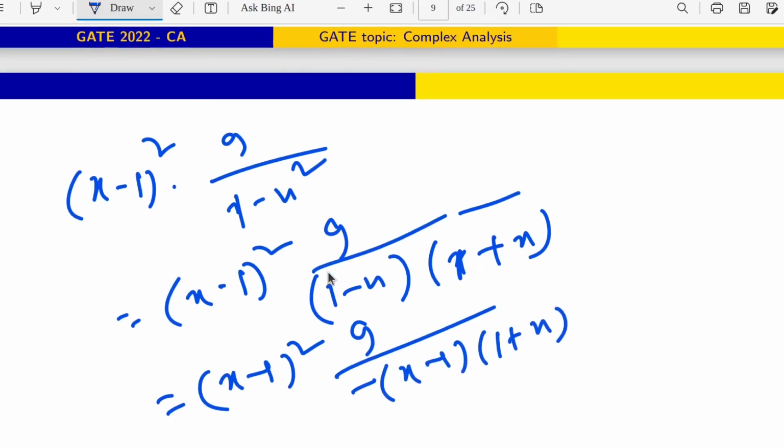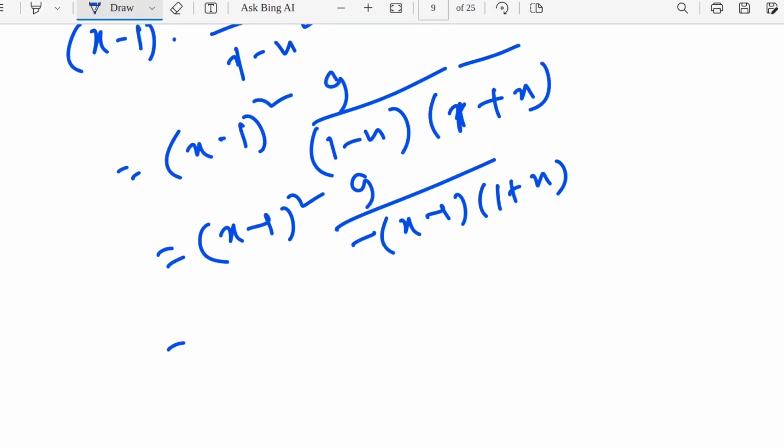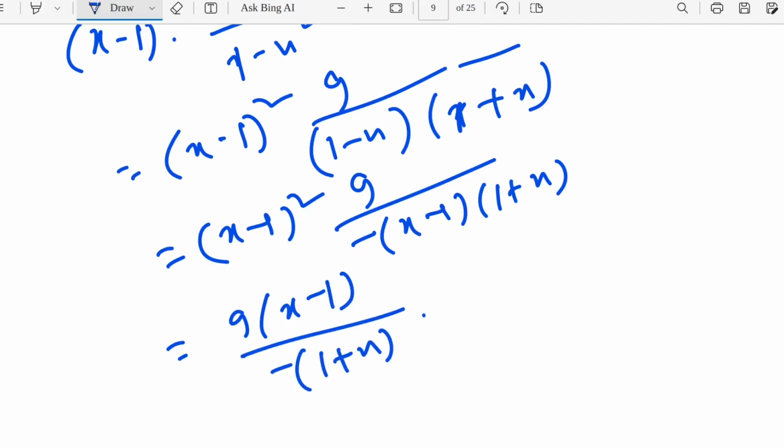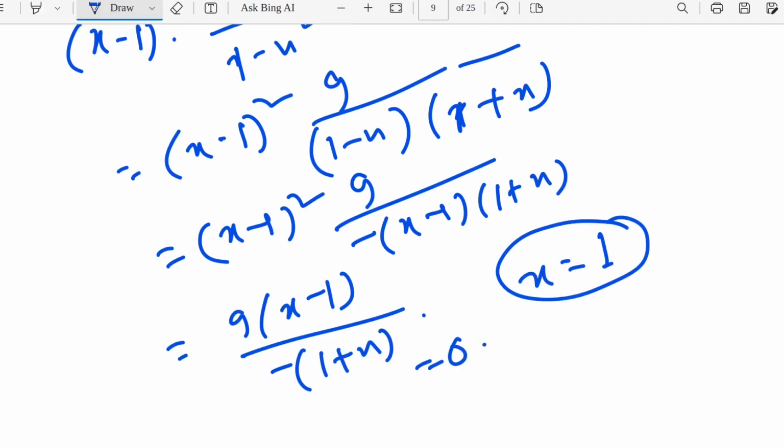Then you can cancel out one factor, giving 9 times (x minus 1) by minus of (1 plus x). So this is the result. If I put x equal to 1, obviously it will give a 0 value, because 1 minus 1 is 0. So at x equal to 1 I have a finite value, which is 0. That means P0x has a pole of second order at x equal to 1.